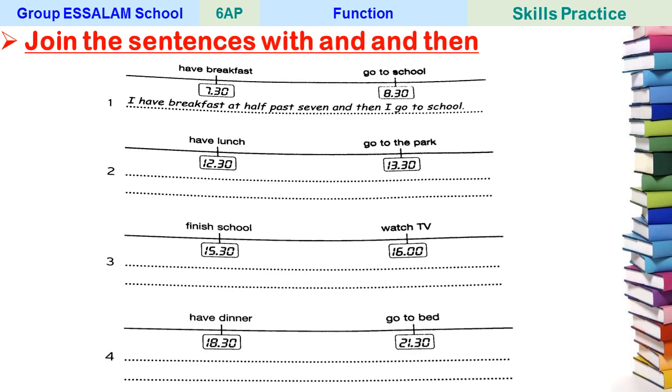And then has the same meaning as after this I go to school. And this exercise is very essential. Try to obey the rule here. So do the same thing in the second sentence and the third sentence, the fourth one, okay? Is it clear?